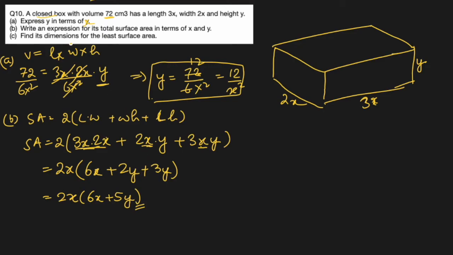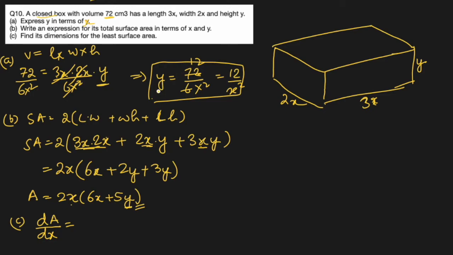Find its dimensions for the least surface area. So let's call it A. For least or maximum surface area for that matter, we have to differentiate A with respect to one of the lengths. We can take either y or x, but x appears twice, so let's take x. dA over dx we have to calculate. Before that, this whole equation should be in terms of only x, not y.